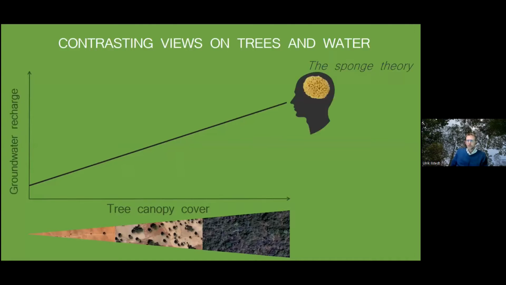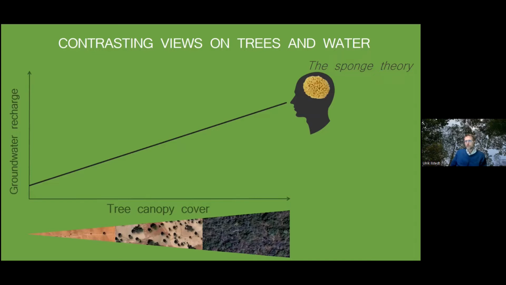But if we change then to groundwater recharge, the other part of this presentation that will be the main part, then we have rather diverging views on what will happen.